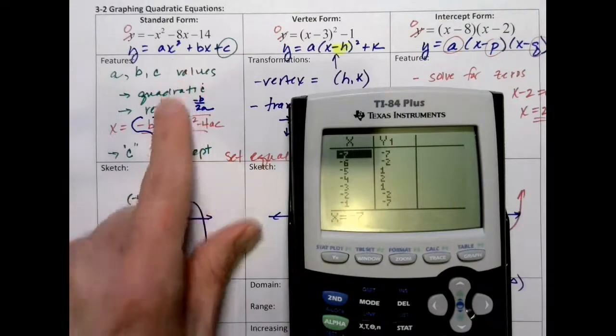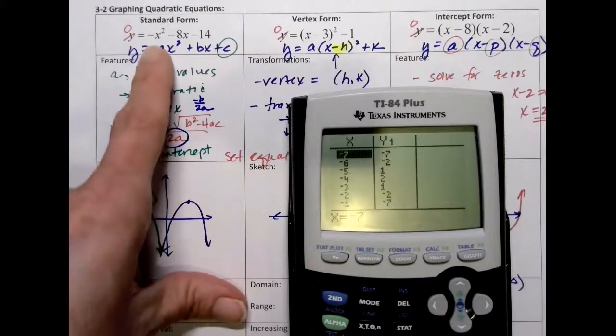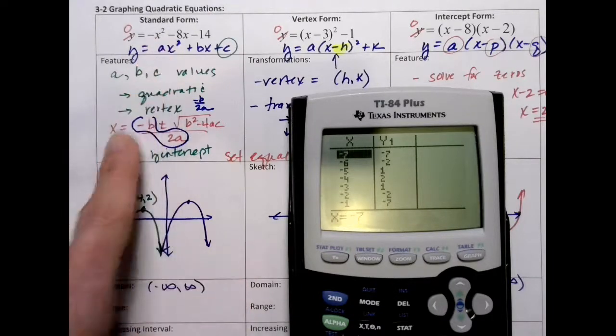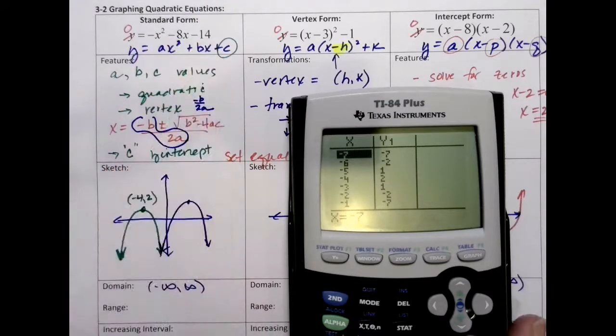And I could have found that by putting my negative b over 2a from my a, b, and c values. An a value of negative 1, a b value of negative 8, and a c value of negative 14.